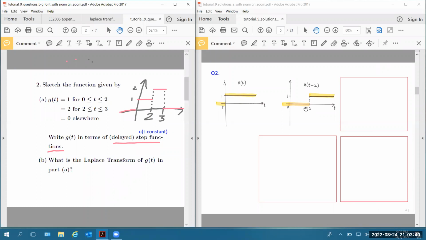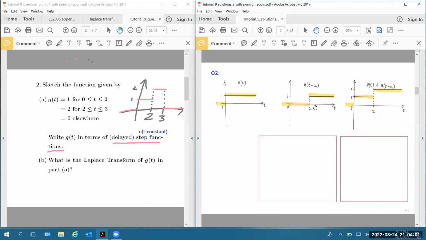From 0 to 2, this part is 0 but the other part is 1, so 1 plus 0 gives me 1. After 2, this one is 1 and this one is also 1, so it becomes 2. Therefore the graph is like that.